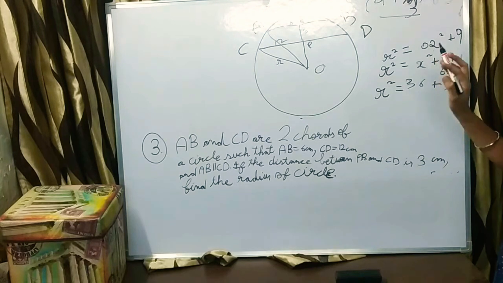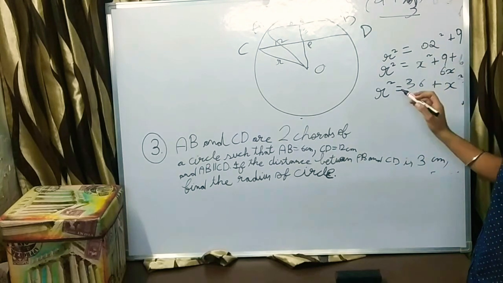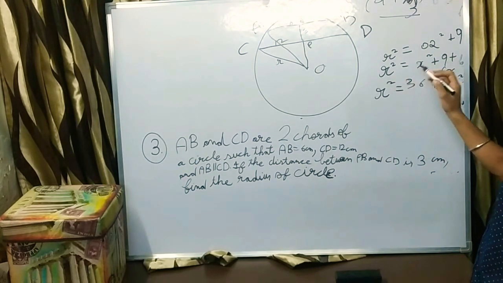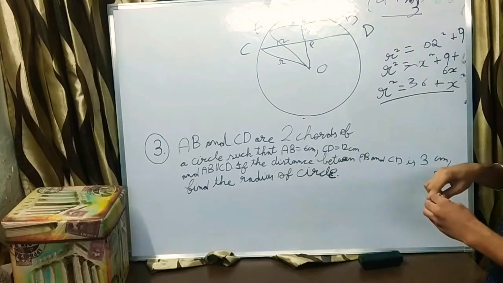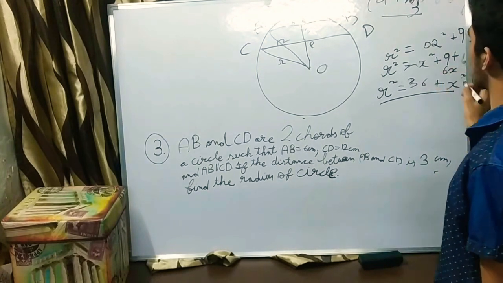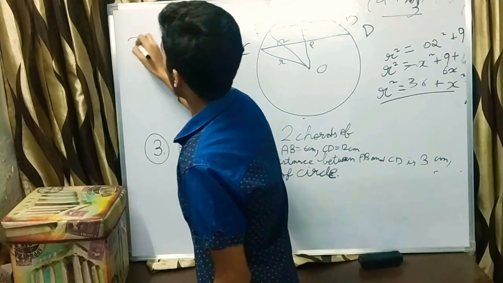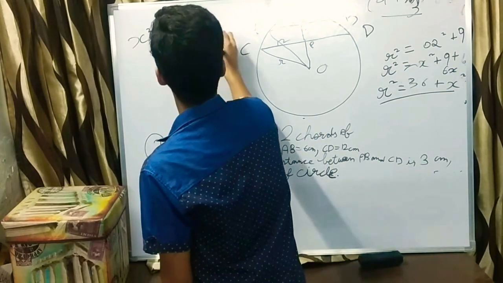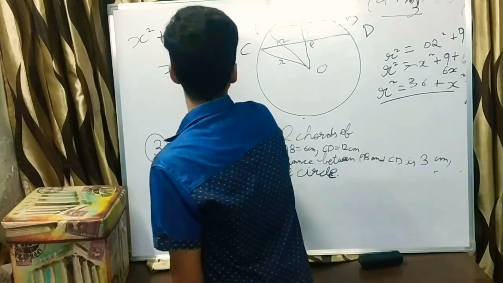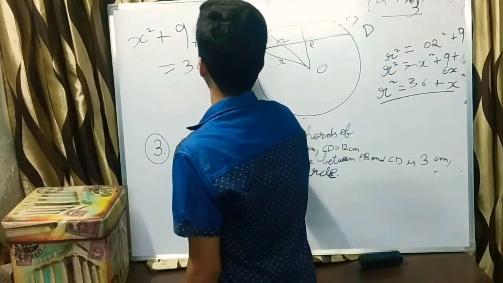Now we see that r square is equal to x square plus 9 plus 6x, and r square is also equal to 36 plus x square. Now we can equate this by saying that x square plus 9 plus 6x is equal to 36 plus x square.